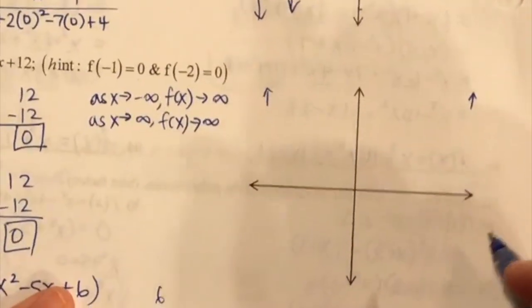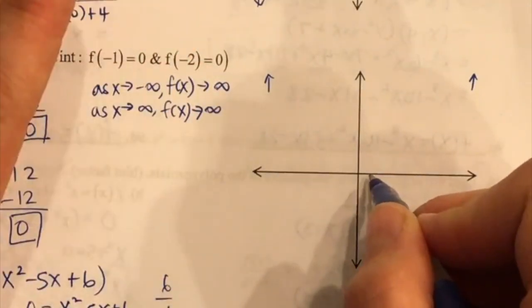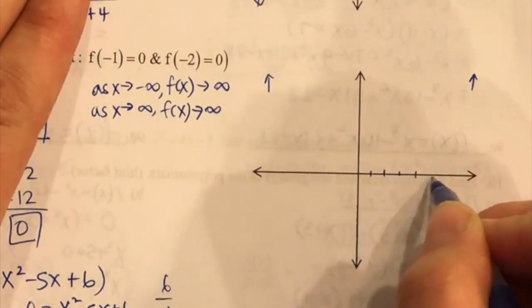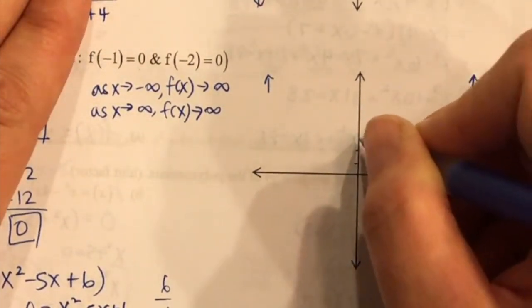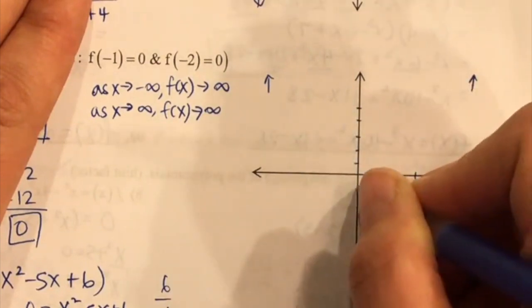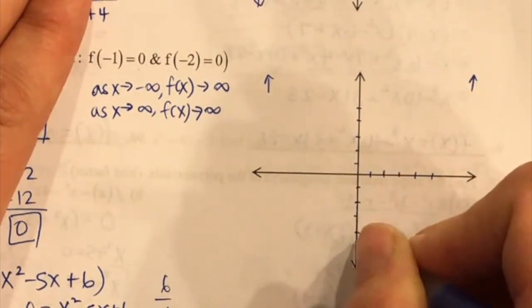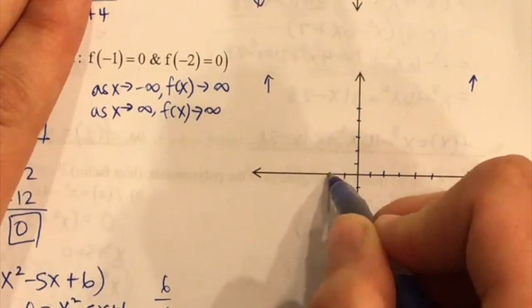So now I'm going to sit here and, for the last time, do all these little hash marks. 1, 2, 3, 4, 5. 1, 2, 3, 4. This is tedious. It takes detail, it is not fun.